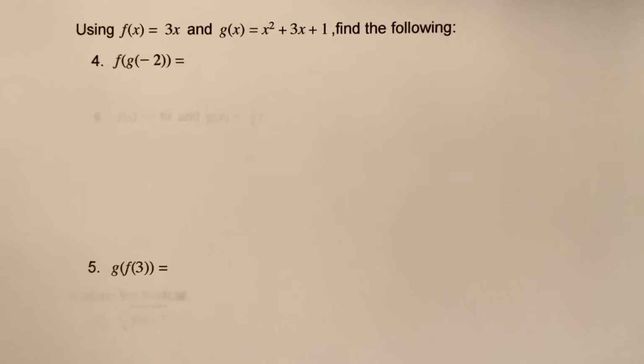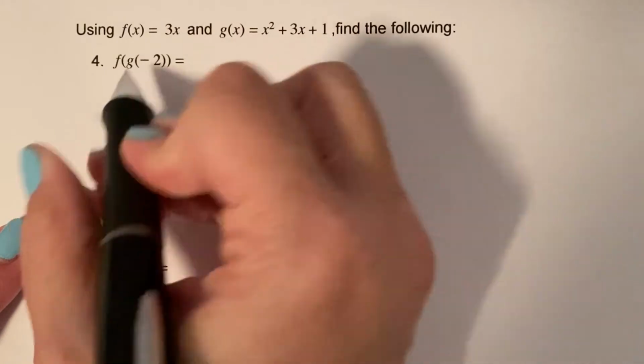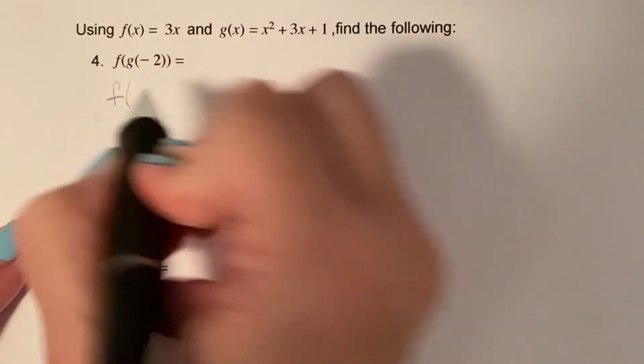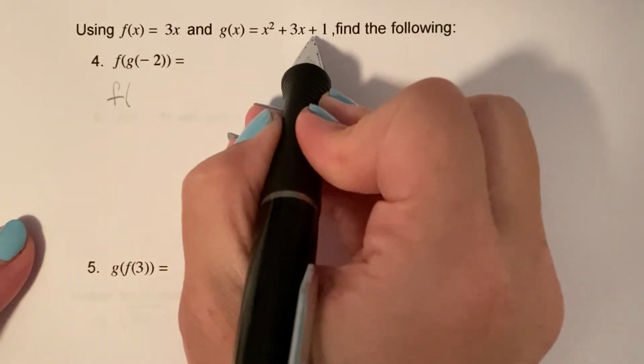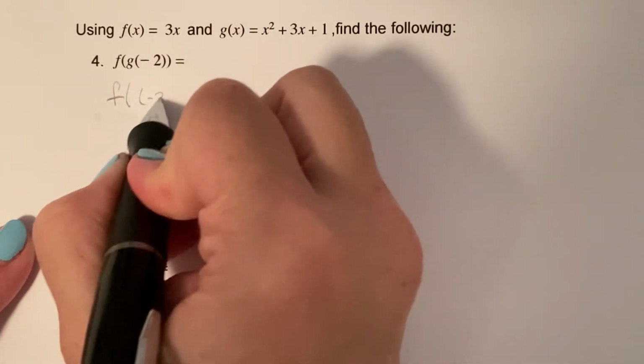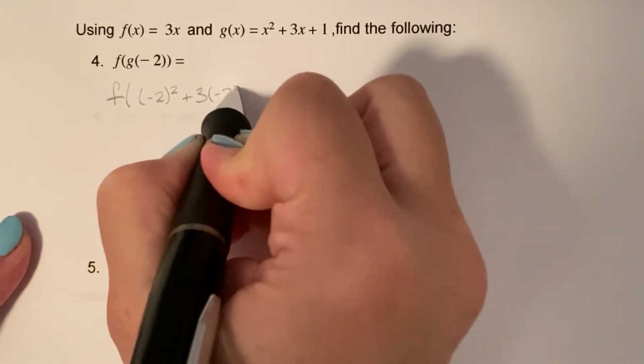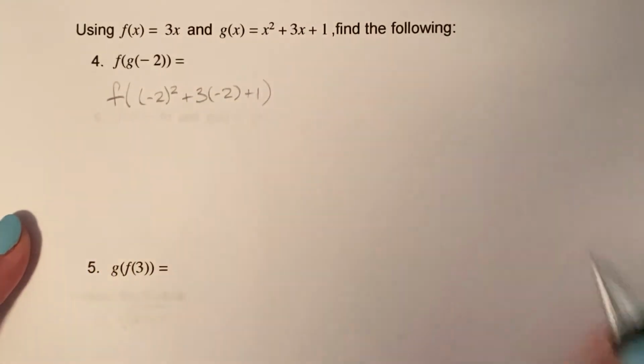Okay, now we'll do f of g of x, but we're actually inputting a value for the x instead of finding an equation. So our first one we'll do f of g of -2, but we start off with this, so we do -2 squared plus 3(-2) plus 1.